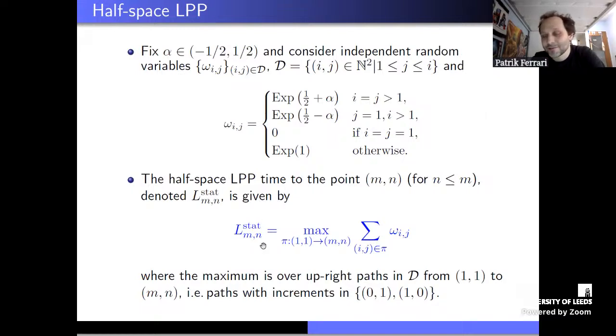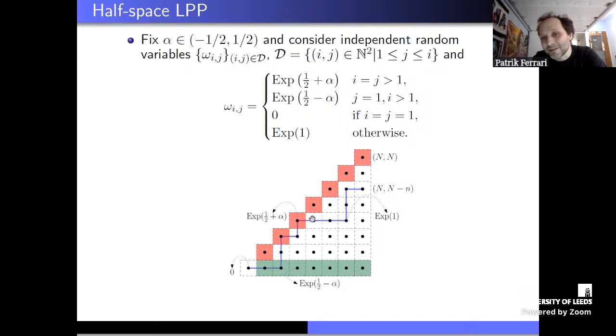The definition, as I said, is exactly the same. You don't have to change your mindset, just the variables here are different. For example, if you think of the full space analog, this red one would be here. Then what is this?